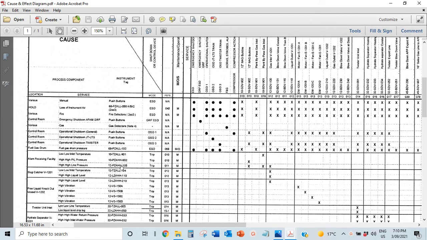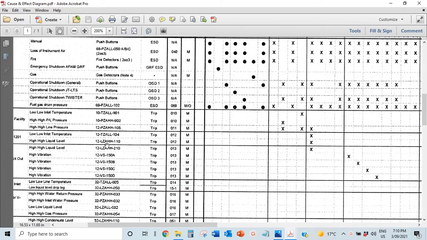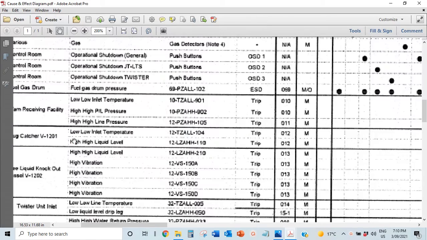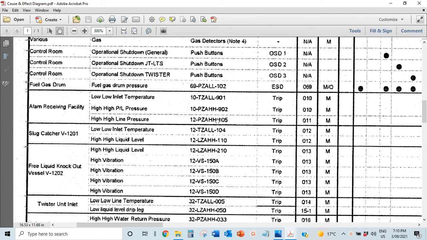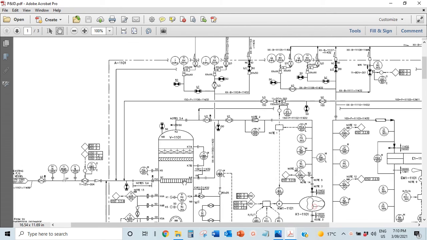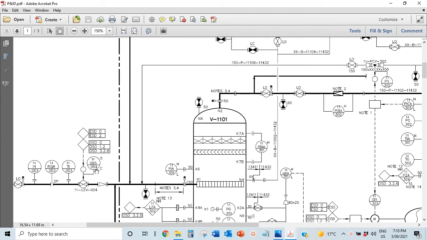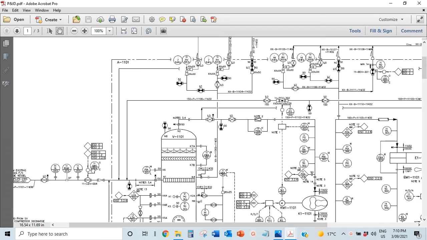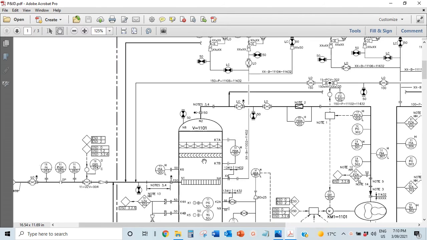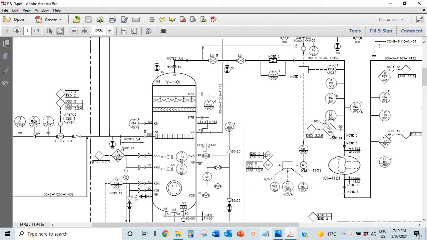Now, this is a cause and effect chart. What it does is, this is a trip. It's talking about what closes, what makes these valves close, what tells these valves to close. So for this, it's part of the process system.